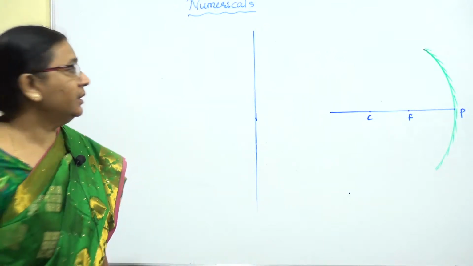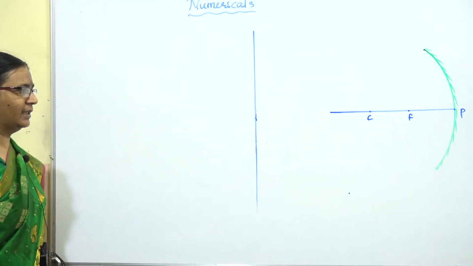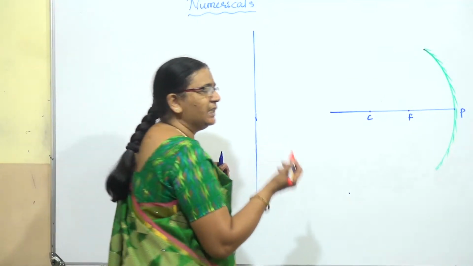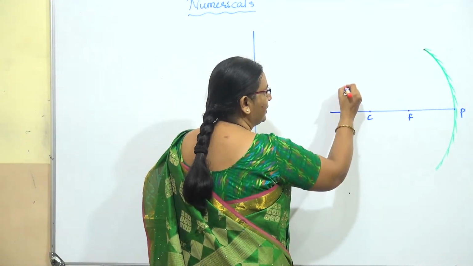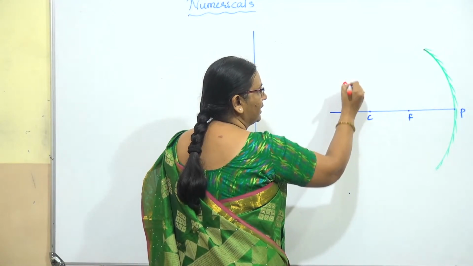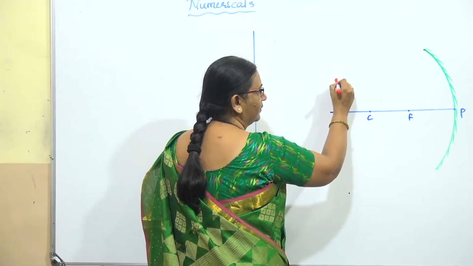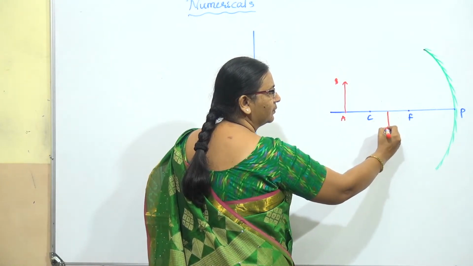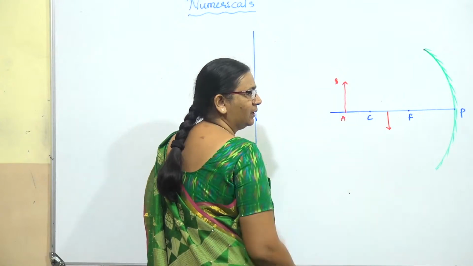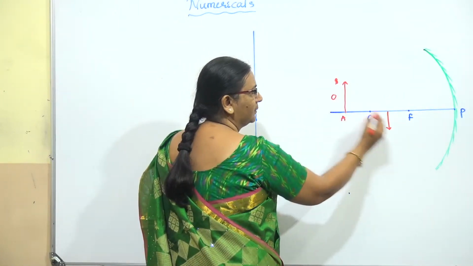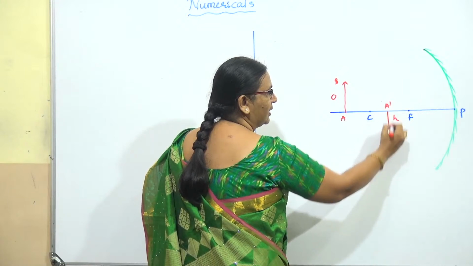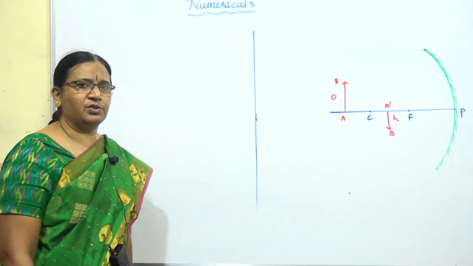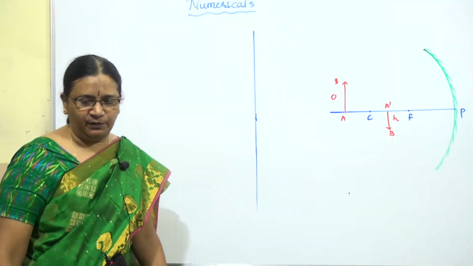See, already you learned one magnification. That is, when you are keeping a linear extended object, suppose you are keeping it here, called AB, we got the image which was diminished. This height A dash B dash was less than the object height. It was between the F and C. We are not discussing image formation now. Let us go for the magnification.